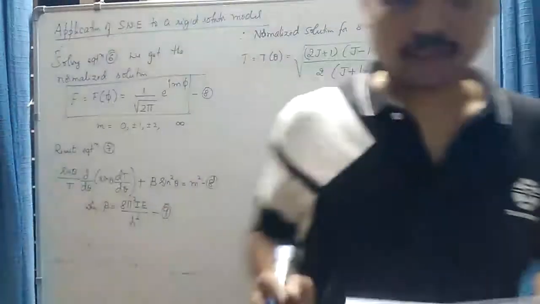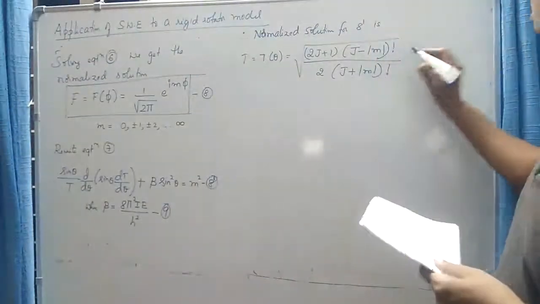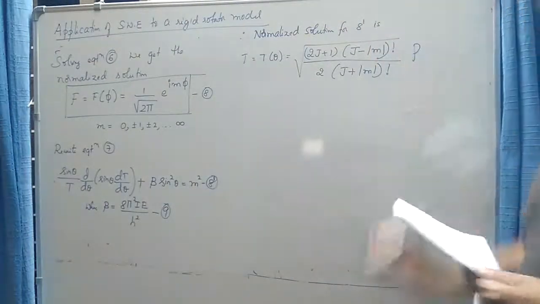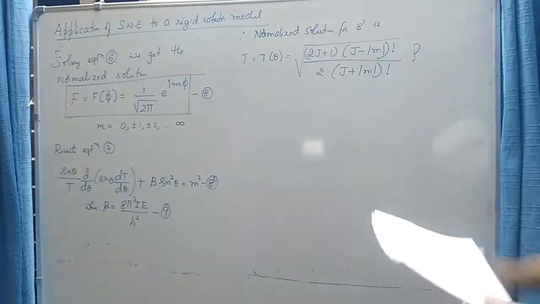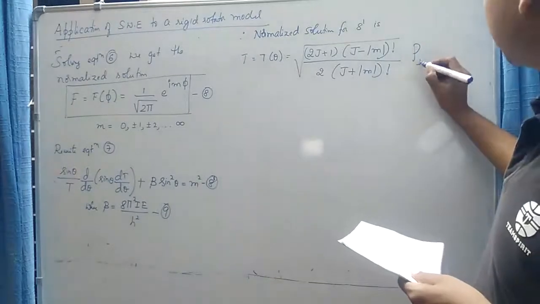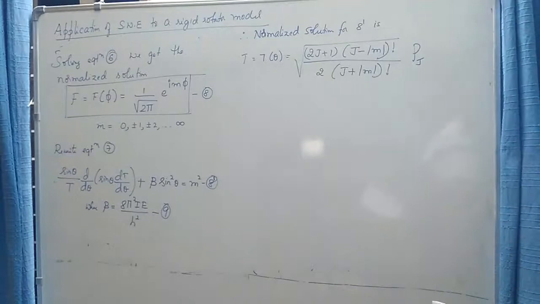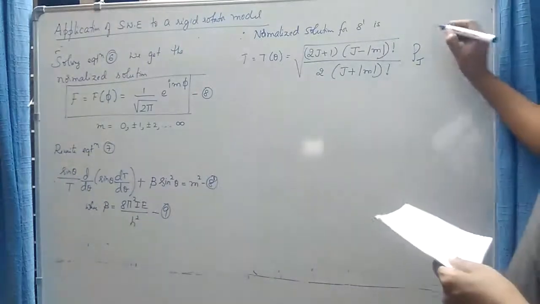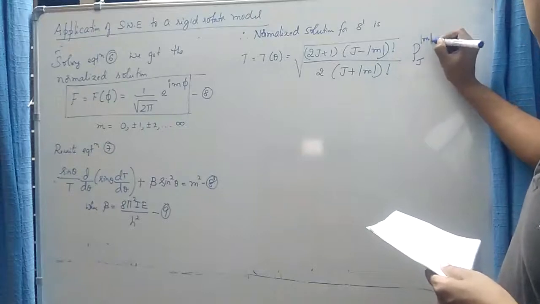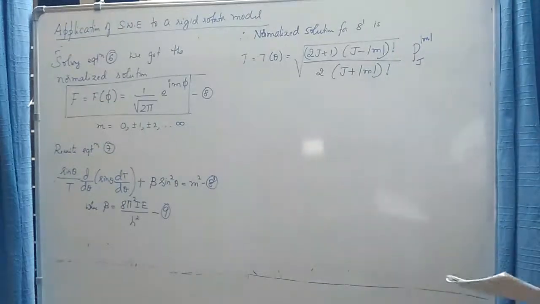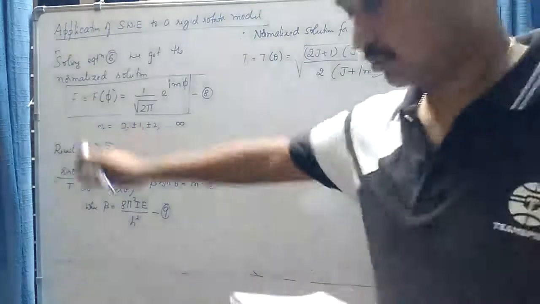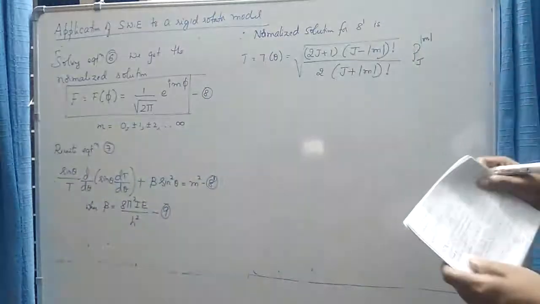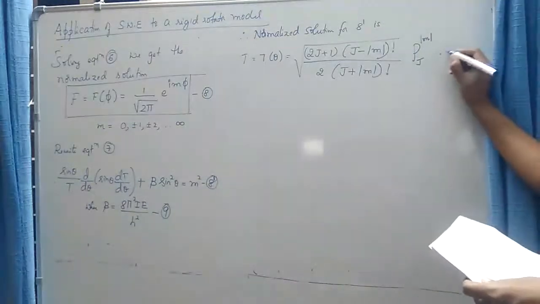Mod m means absolute value of m, into a mathematical polynomial represented by the symbol P, which depends on this number j, called the rotational quantum number, and also on the absolute value of the other quantum number m, into cos theta.